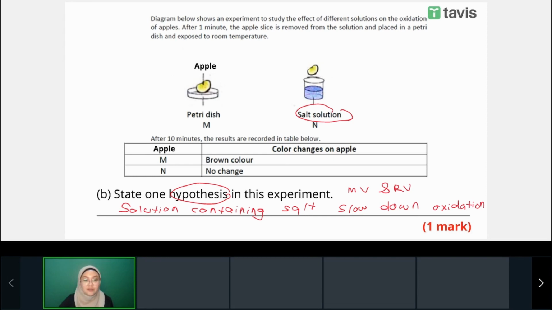This salt solution, sugar solution, lime solution, and sodium bicarbonate solution contain antioxidants that may slow down the oxidation.